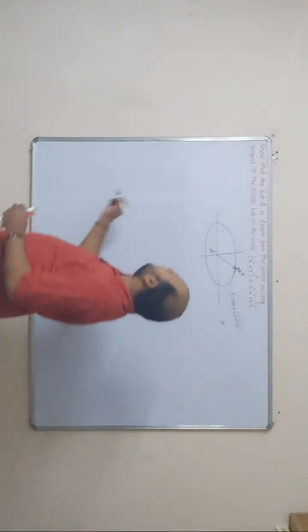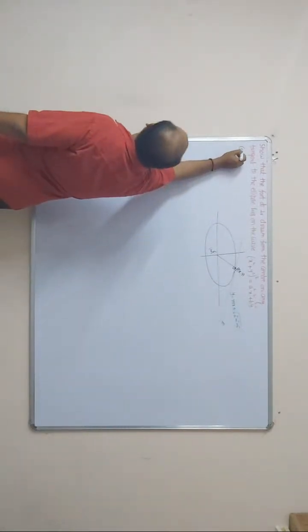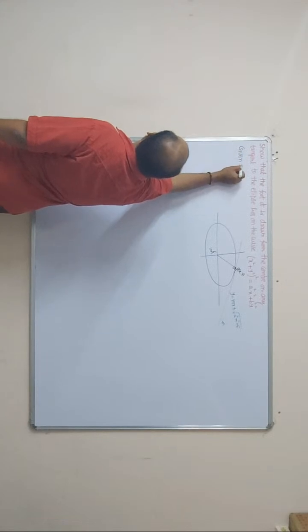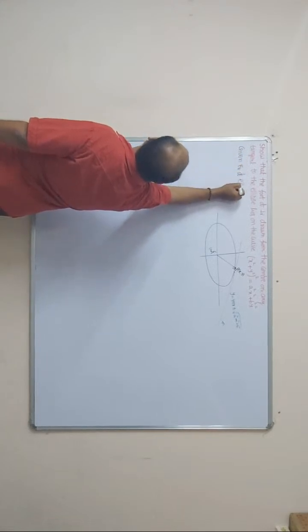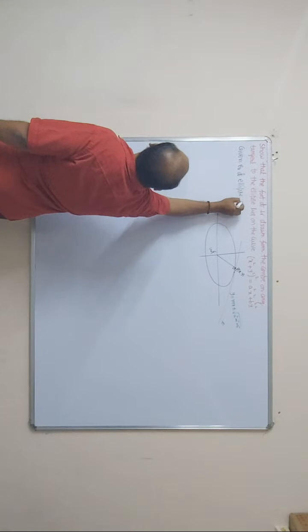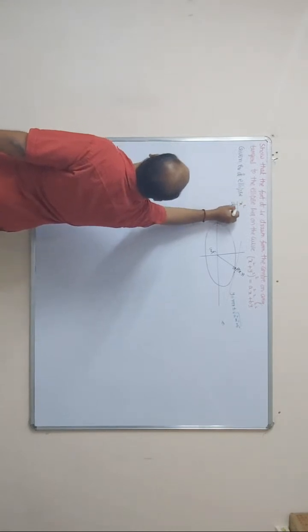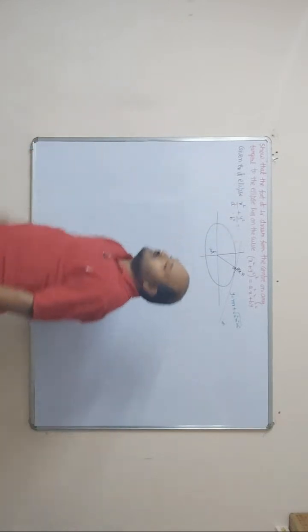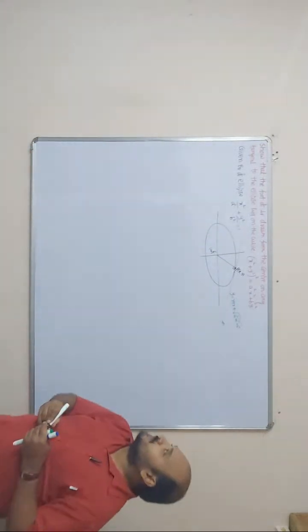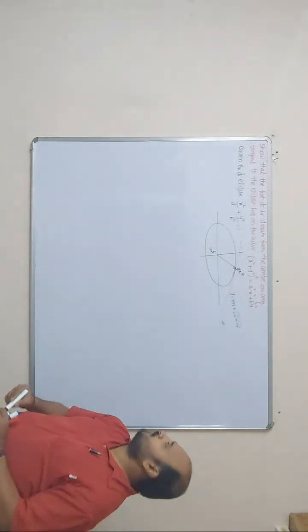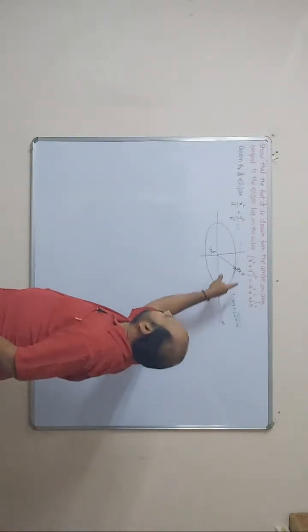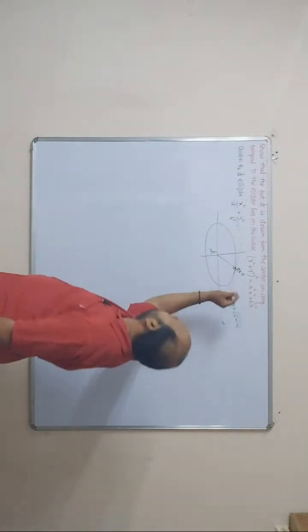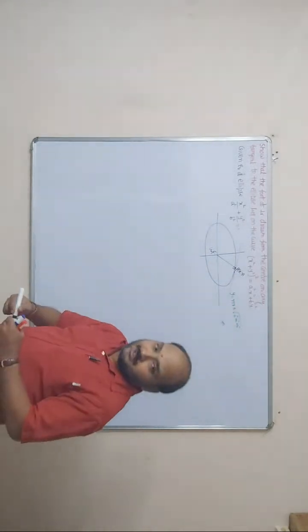So first step, given equation of ellipse: x square by a square plus y square by b square equal to 1. That is the equation of ellipse in the standard form. Show that the foot of perpendicular drawn from the center to any tangent.